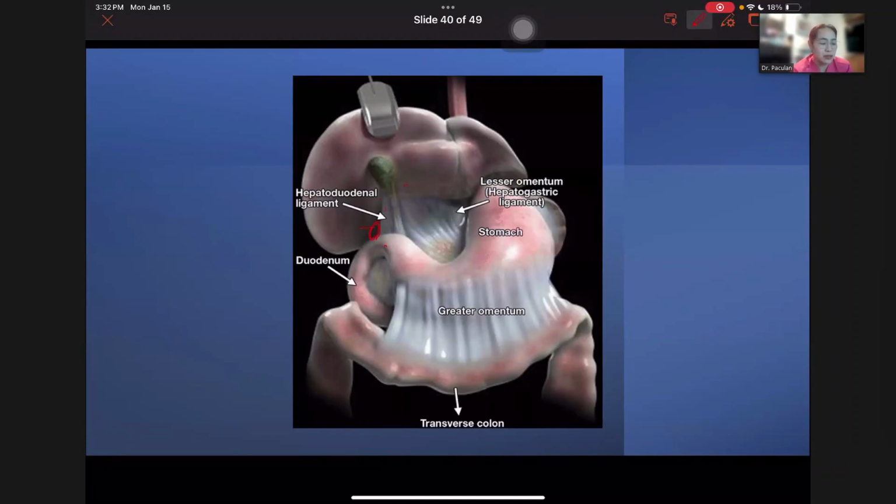I already drew it. There's an opening, and that opening is the foramen. That space has well-defined borders that are represented by certain organs or their parts, so they're quite easy to spot and form a mental image of the omental bursa. If we remove the lesser omentum here, this is what we see.